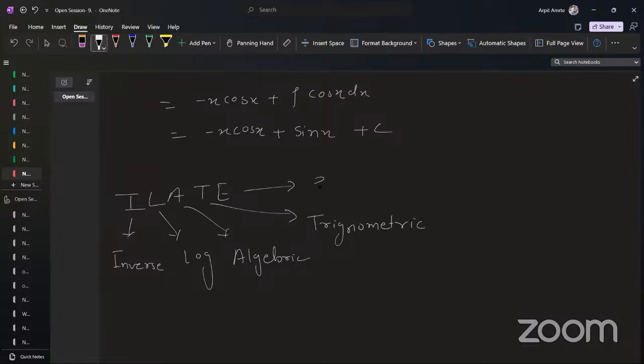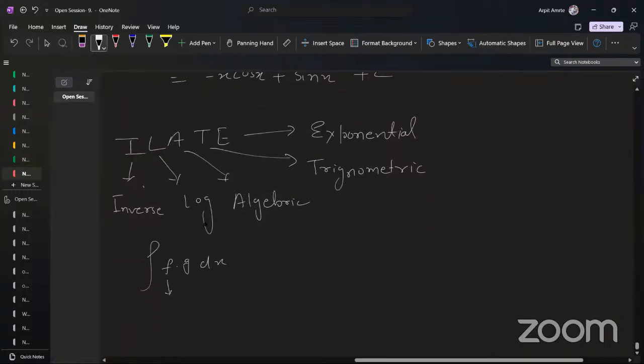And E is exponential. According to this order, I choose the first function: firstly inverse, then logarithmic, then algebraic, then trigonometric, then exponential. Suppose you have a function f and another function g to integrate. If f is a logarithmic function, some function of log x, and g is what?